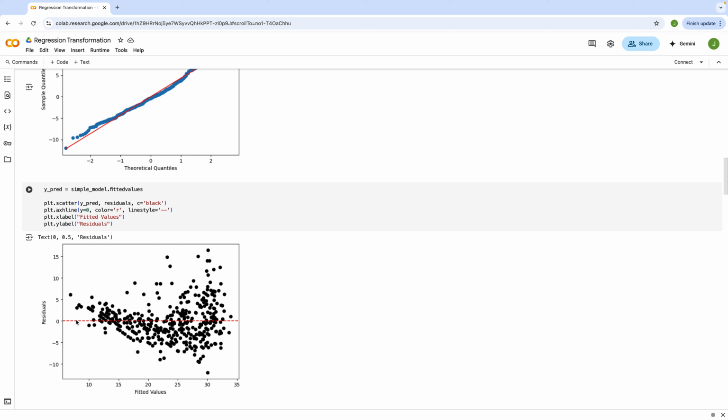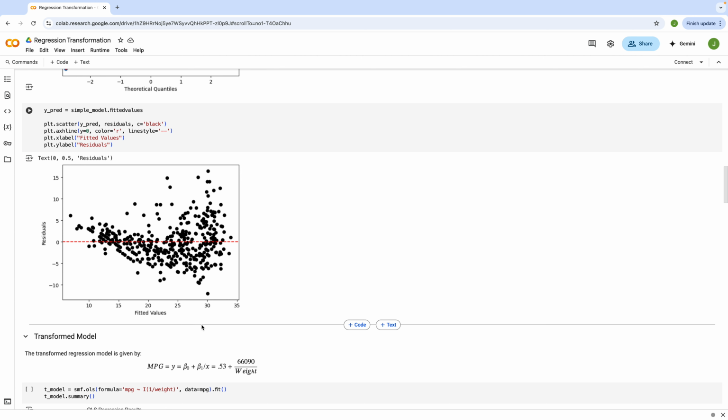In terms of the other assumption of constant variance, we see the spread of these points is starting to increase as the fitted values increase. And that creates a classic horn shape. So my conclusion from this graph is that the data likely does not meet the assumption of constant variance.